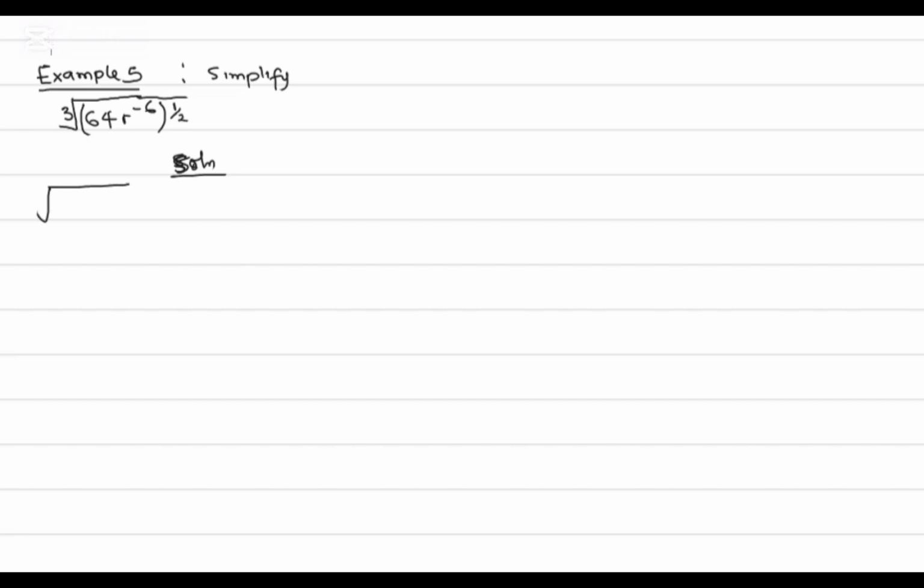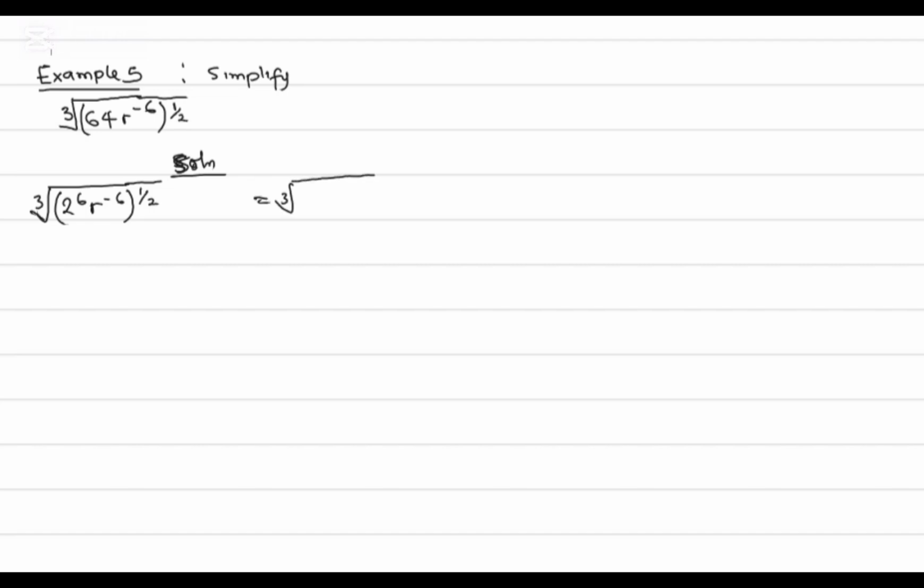But 64 can be written as 2 raised to power 6, and then r raised to power minus 6, then raised to power 1 over 2. So, that will simply be our third root still existing.